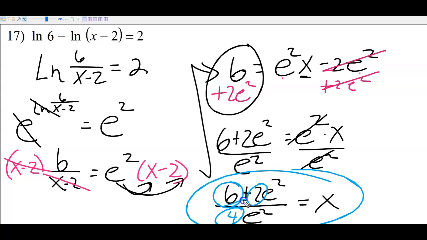You'd divide this by 2 to get 3, that by 2 to get 1, and that by 2 to get 2, just like you would usually reduce a fraction. But you only do that if all three numbers have something in common that you can divide out. In our actual answer here, since there's not a number in front of the e squared, we won't be reducing it. But just as a fair heads up, you may have to reduce sometimes.